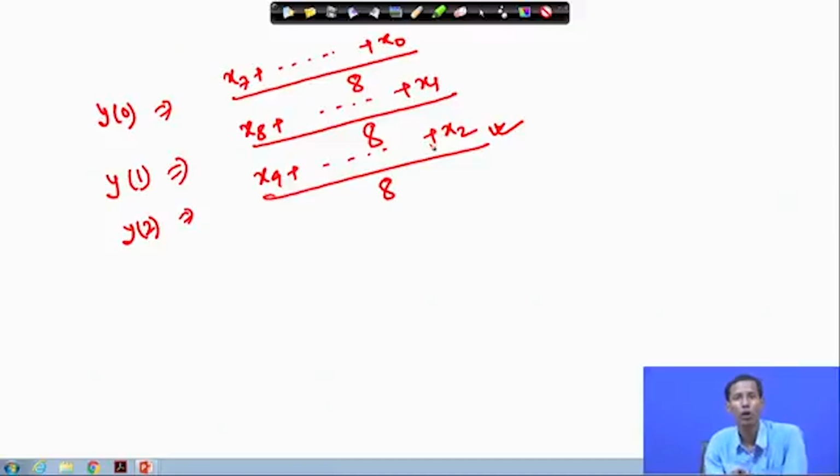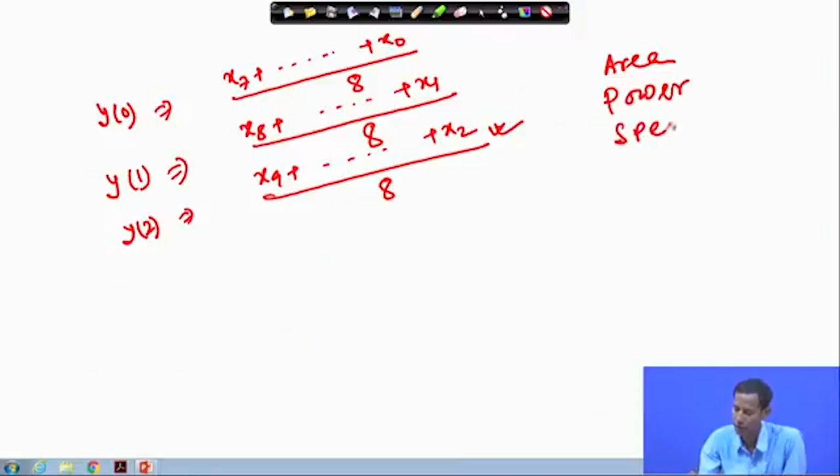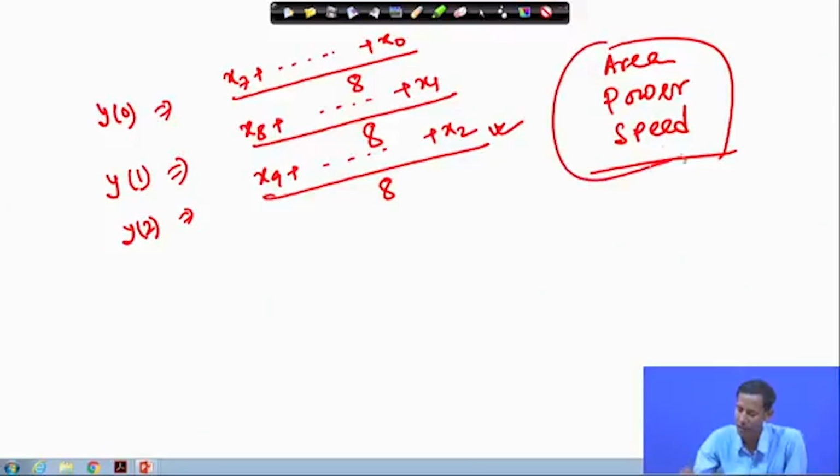Now here, actually, there are 2 points I have to notice or observe. Till now, what we have seen is that area, power and speed, these 3 are the major constraints while we are doing VLSI circuit design.